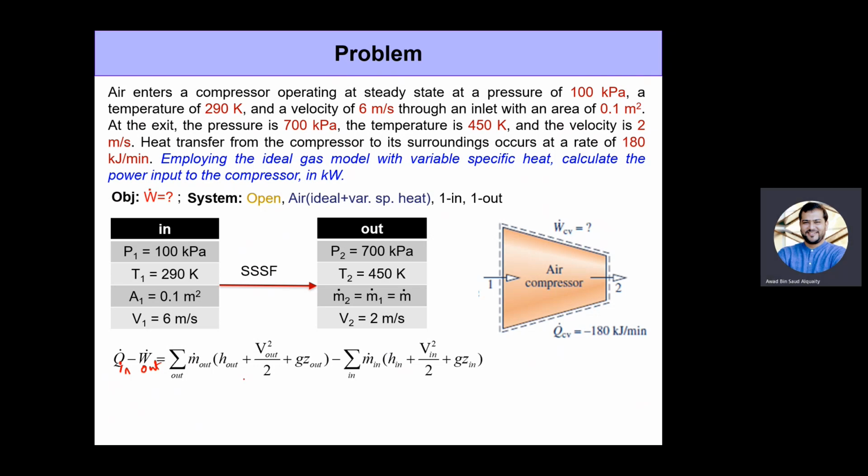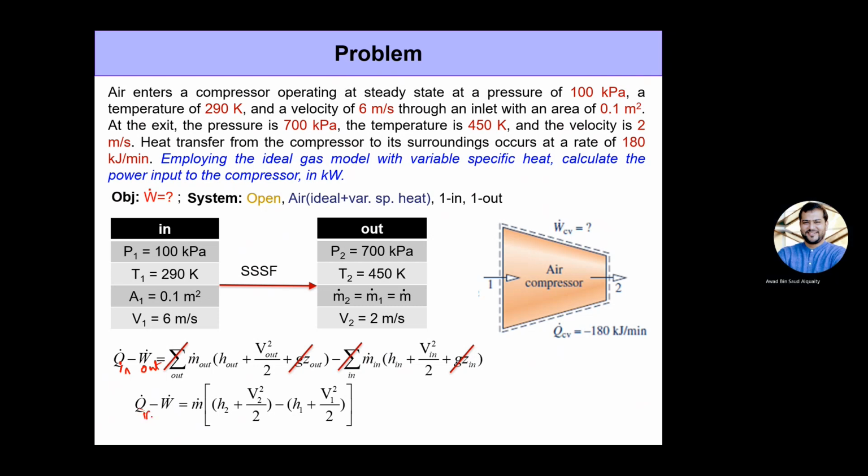Again, changes in potential energy are zero, so we cancel them out. We are also dealing with a single inlet, single exit system, so we can cancel out the summation sign, which leaves us with Q in minus W out is equal to m dot times (h2 plus v2 squared by 2 minus h1 plus v1 squared by 2).